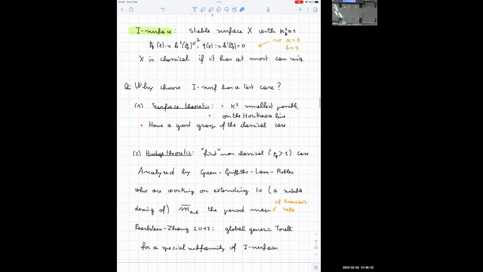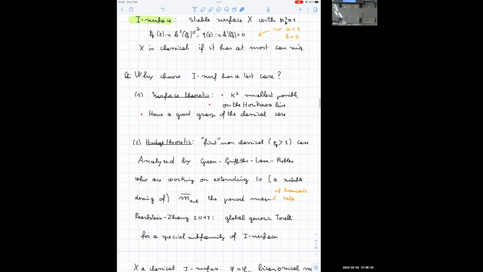And there's also, to relate to the theme of the conference, a Hodge theoretic side. It's somehow the smallest possible example with pg greater than 1.